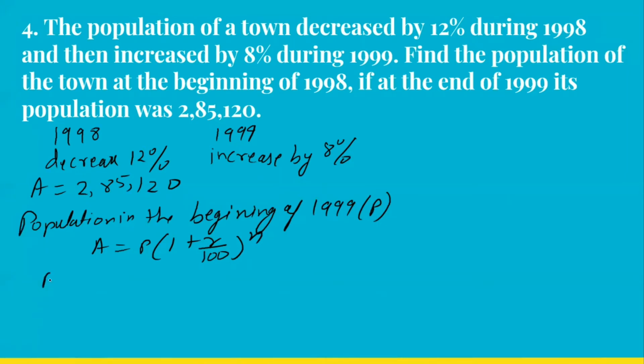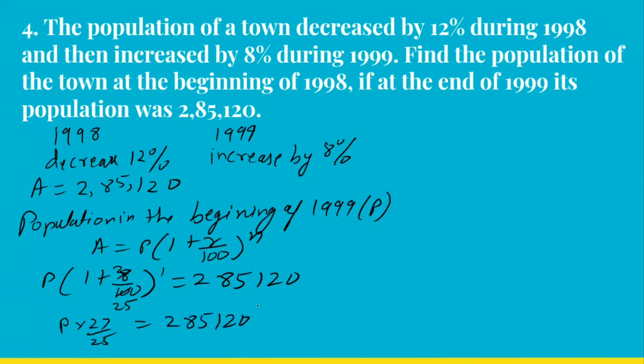So A is 2,85,120, and P we don't know. In bracket 1 plus, there was an increase, so it was 8% increase. So P in bracket 1 plus 8 upon 100 raised to 1 is equal to 2,85,120. 4 2s are 8, 4 25s are 100. 25 plus 2, 27 upon 25. So P into 27 upon 25 is equal to 2,85,120.